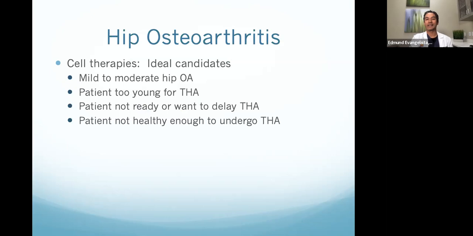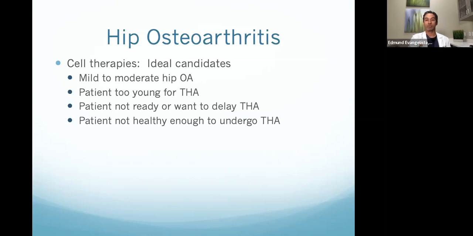So who are the ideal candidates for these cell treatments? Someone with mild to moderate osteoarthritis is a better candidate compared to someone who has severe arthritis. Once it's bone-on-bone severe arthritis, these cell therapies aren't very successful. Again, someone who's too young to have that hip replaced, if someone's in their 30s or 40s, we want to try to delay that hip replacement until a point in time where hopefully once they get the hip replacement, that'll last you the rest of your life.